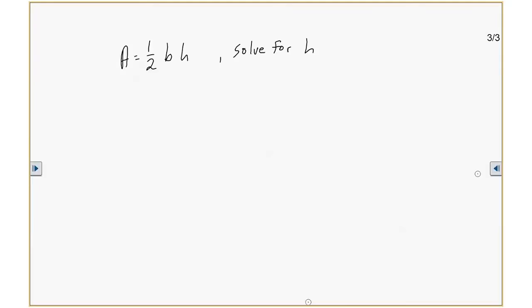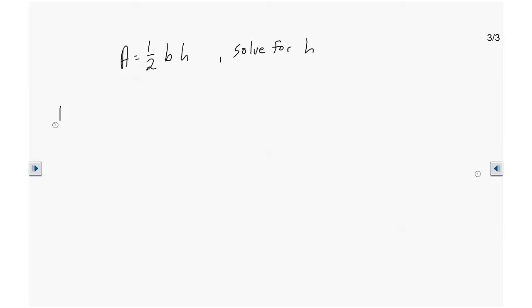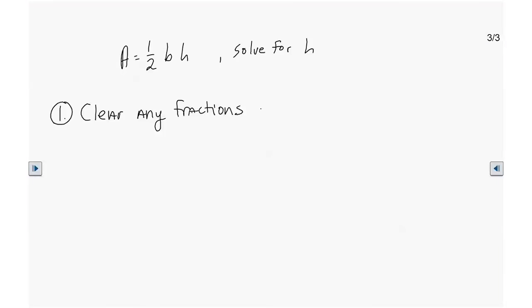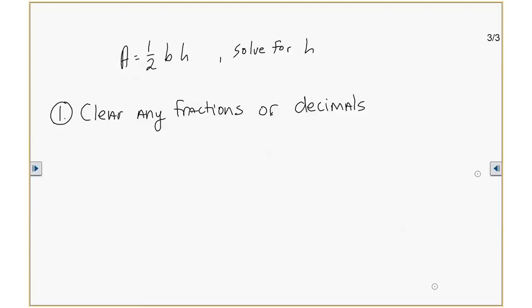They're going to tell you that. The first thing you do with formulas, clear any fractions or what? Or decimals. I showed you how to do that where? 6.3. So clear any fractions or decimals.